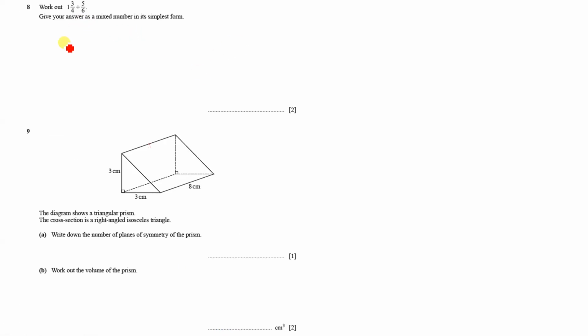Question number 8. Work out. Give your answer as a mixed number in its simplest form. So let's start. 1 whole 3/4 can be written as 7/4 plus 5/6, and here LCM is 12, and we have 21 plus 10.